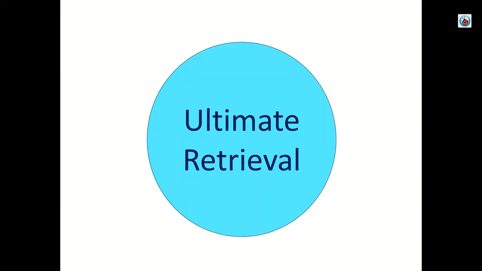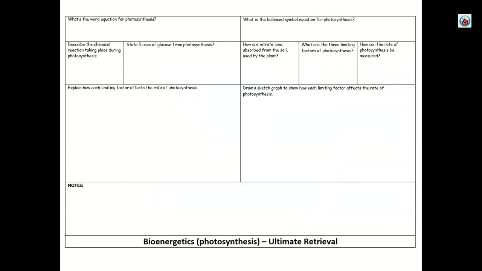We have now completed bioenergetics photosynthesis. You are now going to do the ultimate retrieval so that you can practice again and embed the knowledge that you've gained from this topic. So here it is. Again, you can print this out from Show My Homework.